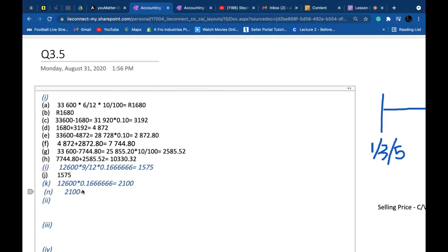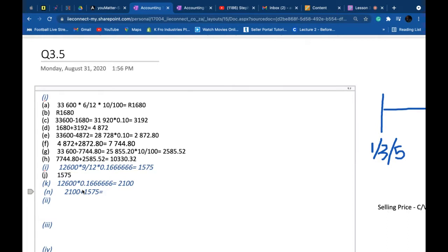Then N, we're just adding the 2,100 plus the 1,575. And what does that give us? No, sorry, K. Yeah, N. Did we skip one? My I is mixed up.